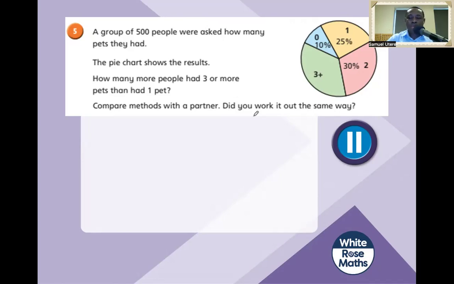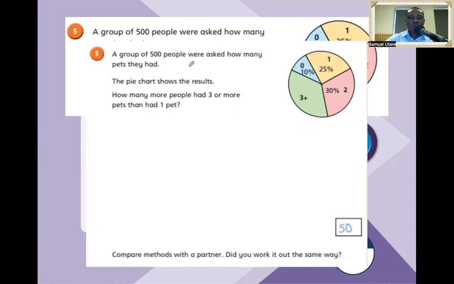Let's discuss them. For question 5, you were asked, a group of 500 people were asked how many pets they had. The pie chart shows the results. You can see the result here. How many more people had 3 or more pets than had 1 pet?